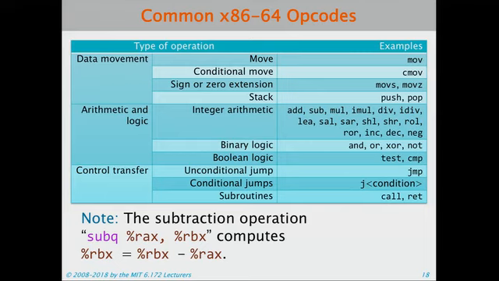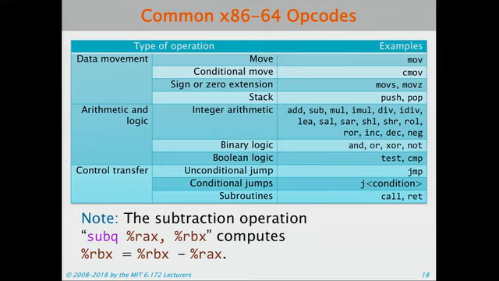Then there are things like push and pop to do stacks. There's a lot of integer arithmetic: addition, subtraction, multiplication, division, various shifts, address calculation, rotations, incrementing, decrementing, negating, etc. There's also a lot of binary logic: and, or, XOR, not. Those are all doing bitwise operations.